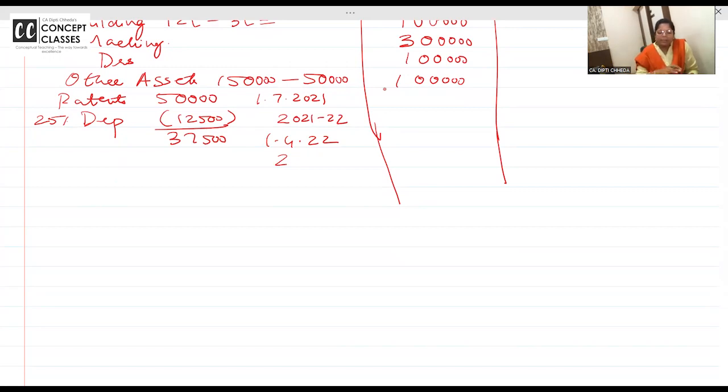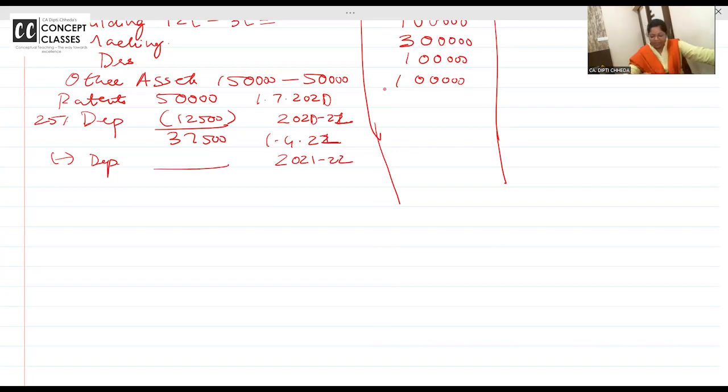We will not charge the depreciation for 21 and 22, because when was it transferred? 1st April 22. Sorry, 1st July 2020 is correct. If we take 2 years of depreciation, you get to know how WDV starts. That's why I'm taking 2 years depreciation. Again charge depreciation for 20 and 21, 1st April 21, and now 21 and 22.